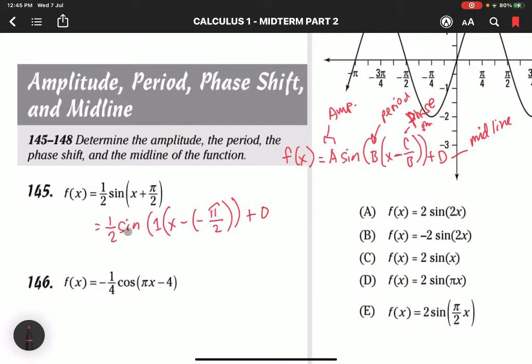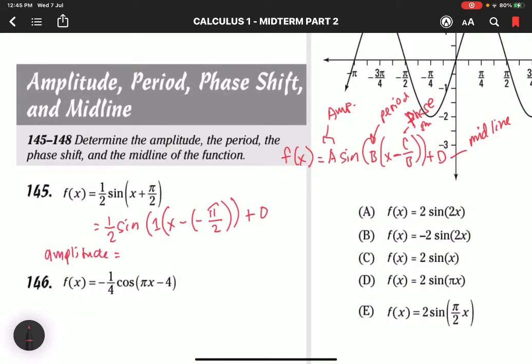After this, madidetermine na natin yung amplitude, period, phase shift, and midline. Ano yung ating amplitude? 1/2 equals 1/2. Ang ating period ay 1. Ang period kasi, pag sinabing period, lagi siyang merong 2 pi over b.